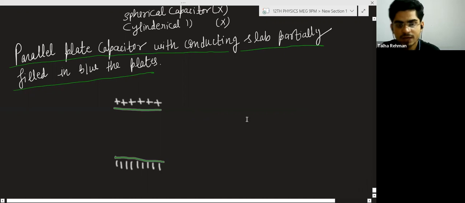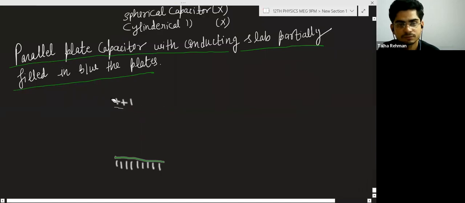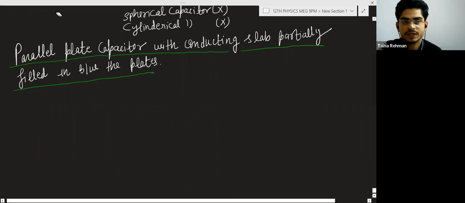So Hamza, these are the plates. Here you can see this is a negatively charged plate. Now I am placing the plates like this. So this is one plate, and this is another plate. What you will see is two straight lines, like here is one plate and here is one plate.